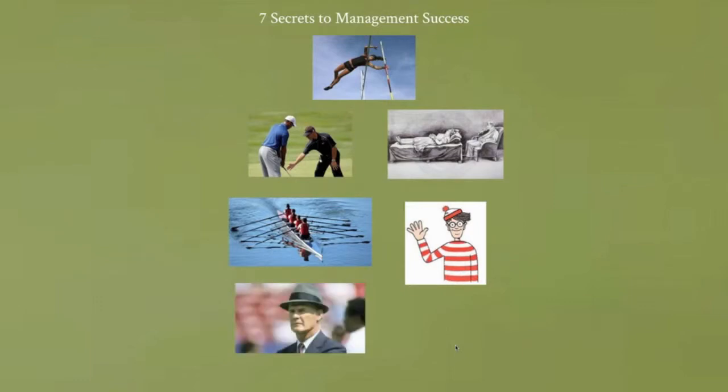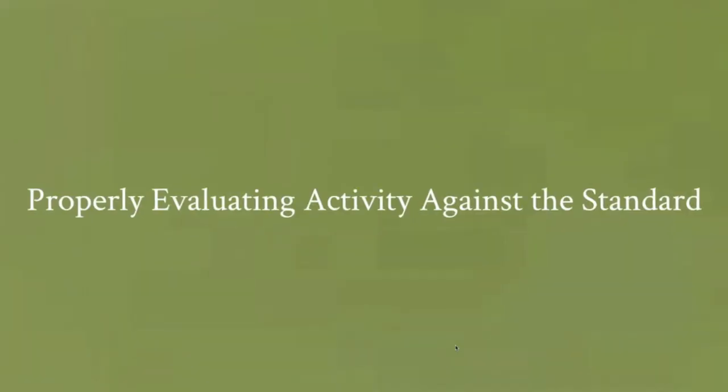Once you've got your team set up, motivation and discipline, key foundational element of retail management success. And the seventh and final secret to management success, what we consider the foundational principle, the most important attribute for a retail store manager, that is communication effectiveness. But today we're talking about properly evaluating activity against the standard.